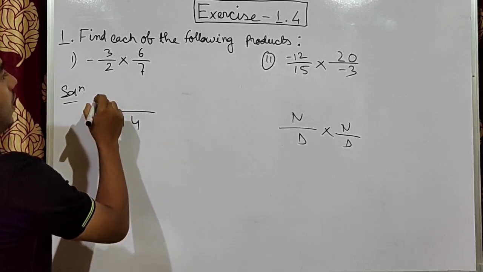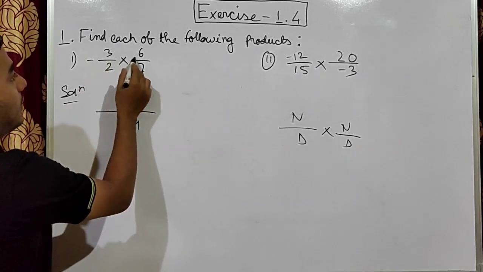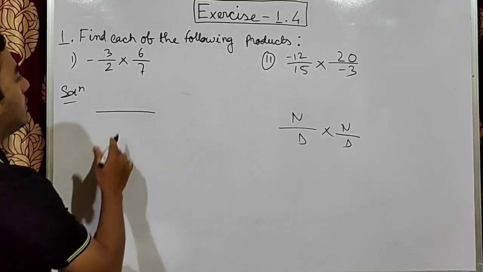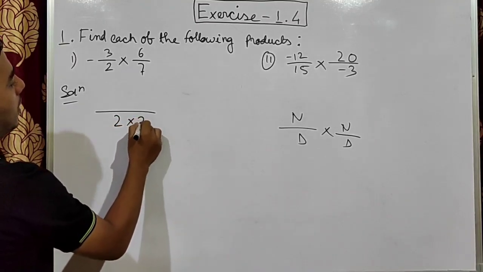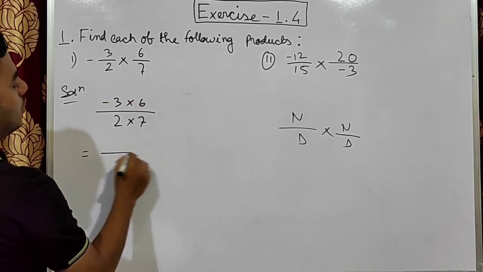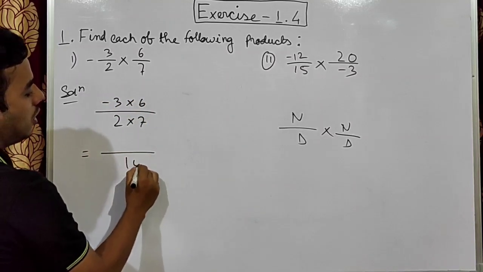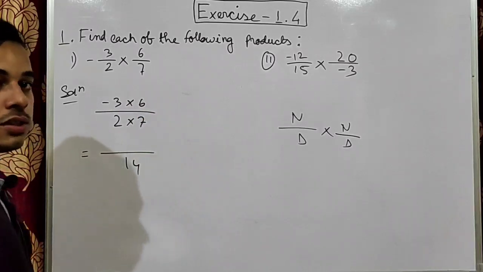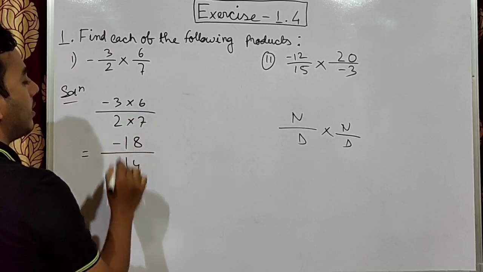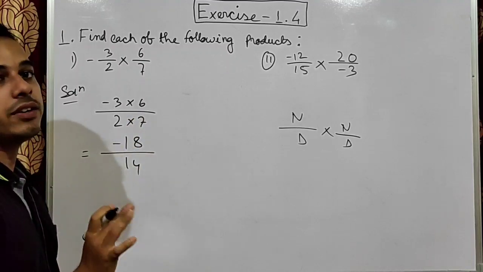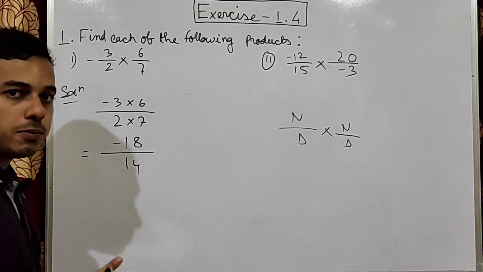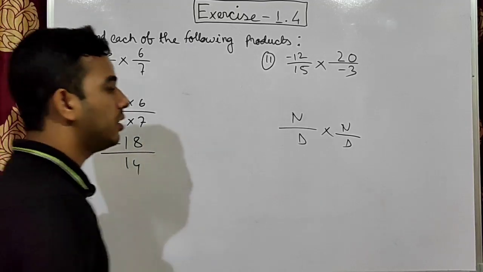Then minus 3 into 6. 3 into 6 is 18. Now minus 3 into 6 is minus 18. Clear? These are very easy questions. You just have to multiply the rational numbers and find the result. Very good.